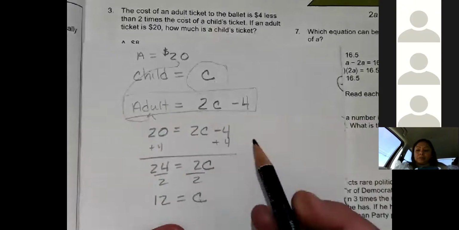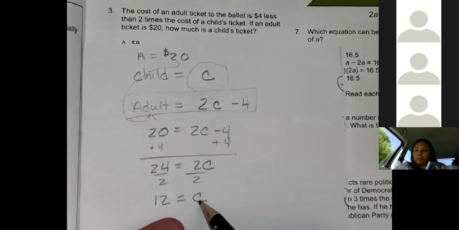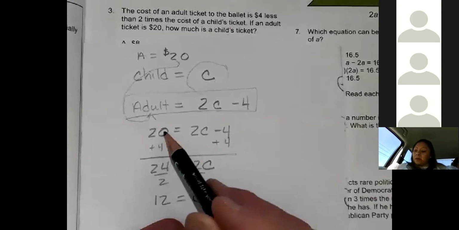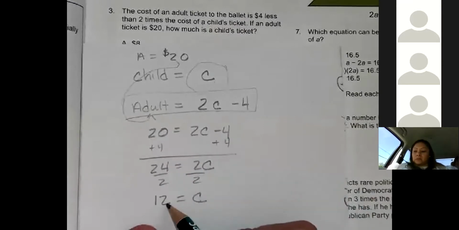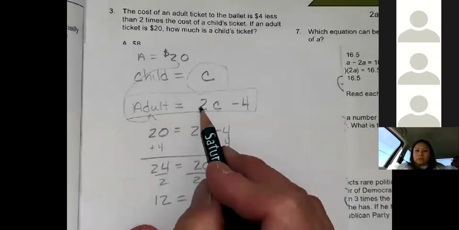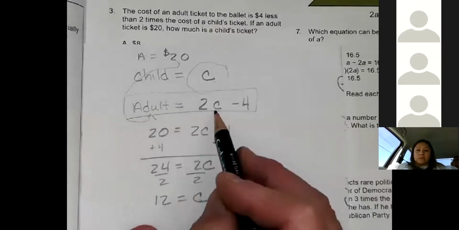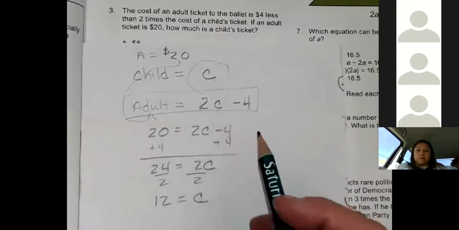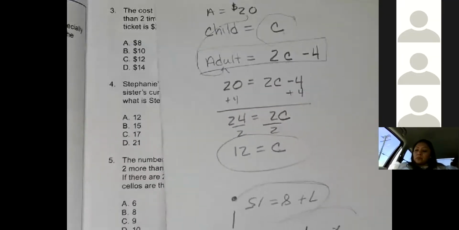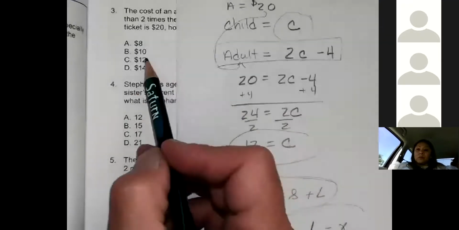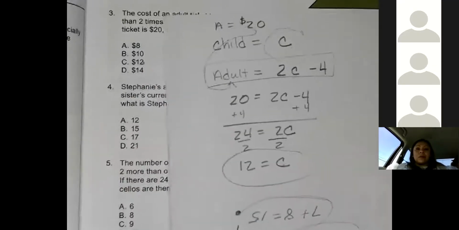So if we double the cost of the child and then subtract 4 from it, it should come out to 20. When I double 12, 2 times 12 is 24, subtract 4 is 20. That works. Okay. And yay, there's the answer choice.